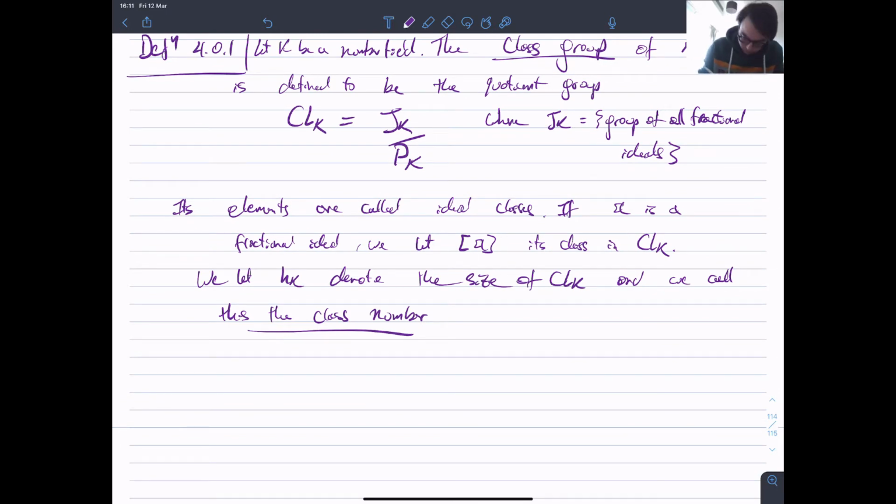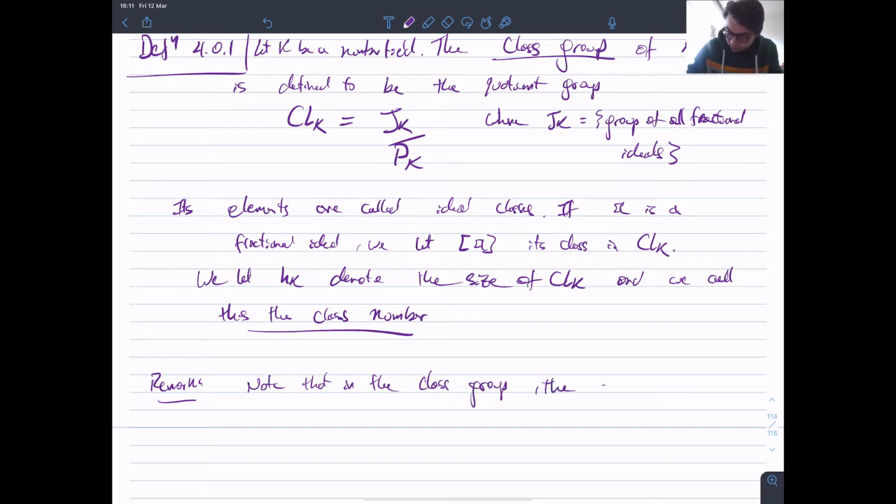So let me give you some remarks about this definition, just so you can get some idea of what this looks like. Note that in the class group, the identity is given by the class of a principal fractional ideal, because we quotient out by principal ideals.